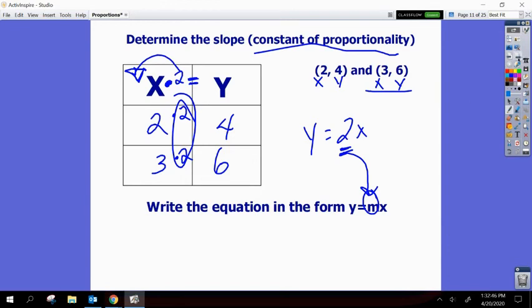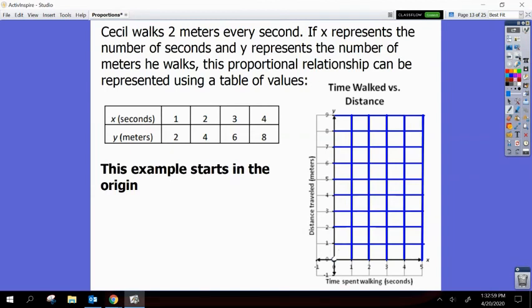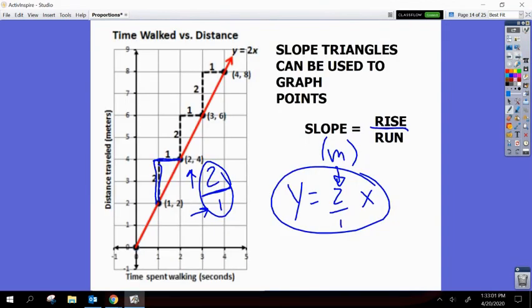If you divide on any other table, 3 divided by 1 is 3, 6 divided by 2 is 3, 9 divided by 3 is 3. If it's the same number again, you have a proportional relationship. You'll also know because all proportional relationships have to go through the origin. They're straight lines that go through the origin.